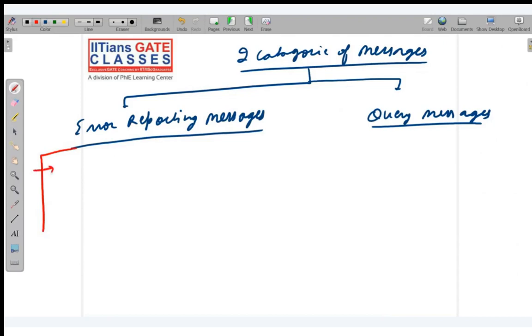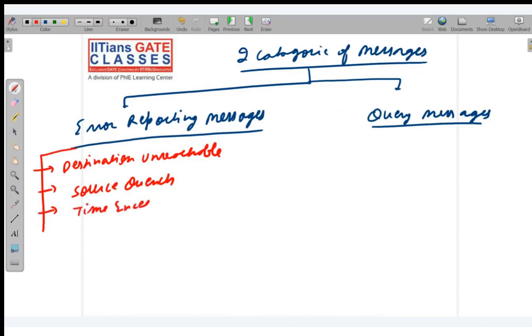First is destination unreachable. Next is source quench. Next is time exceeded. Next is parameter problem. And the last is redirection.